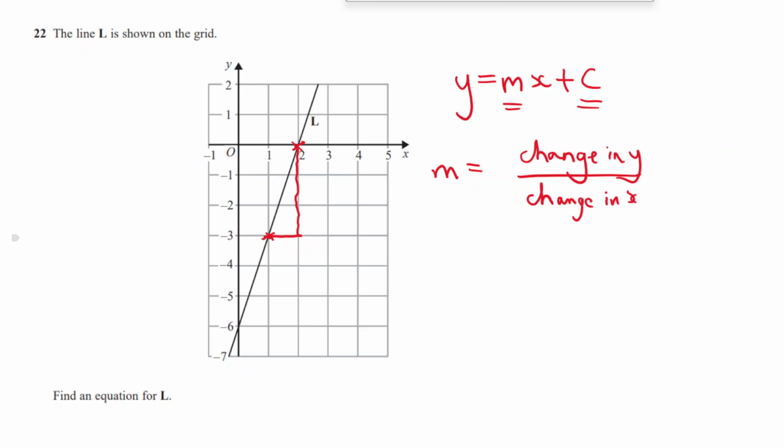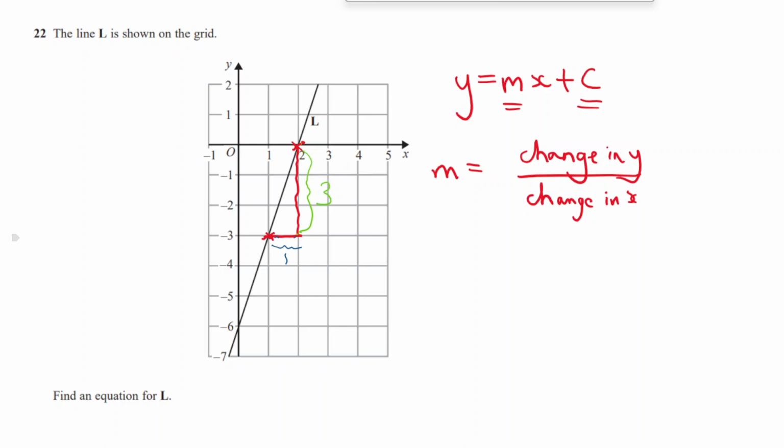So the change in y is this change here, which is 3 units from here to here. And from here to here, the change in x is 1 unit.